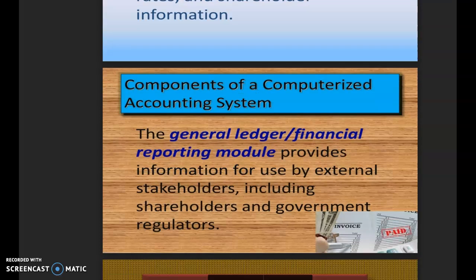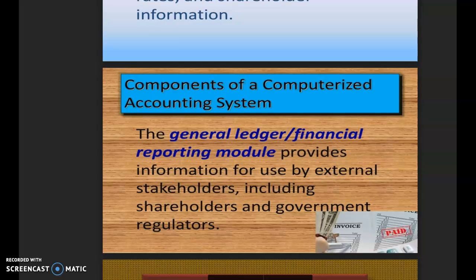Simultaneously, the journal ledger or the financial reporting module provides information for use by external stakeholders, including the shareholders and government regulators. You all know that there are various groups or parties who are interested in the financial information of an organization. They are grouped into two broad categories: internal users and external users. Internal users include employees, management, and other parties.